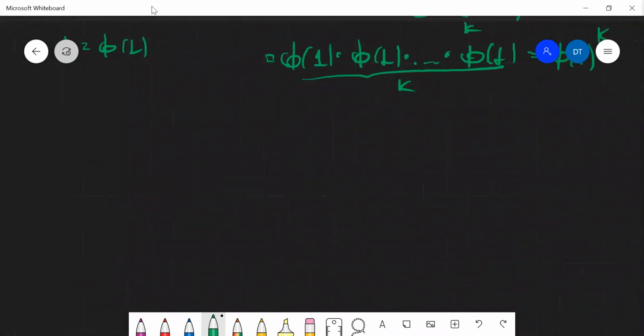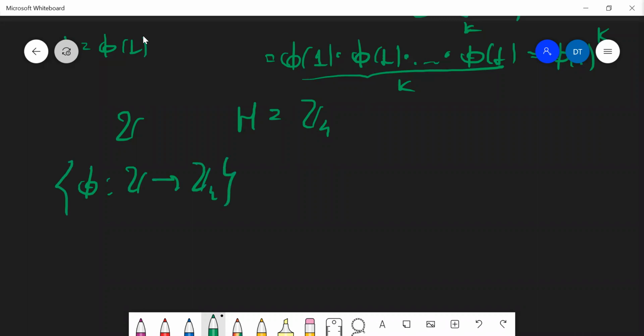Let's try an example. Suppose your group G is Z, and let's take H to be Z4. Now I want to describe all possible homomorphisms from Z to Z4.